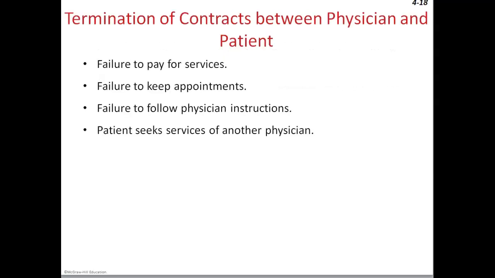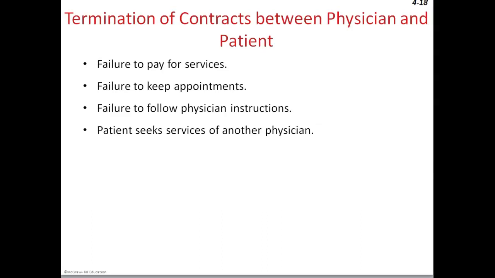A physician may seek to terminate the contract between himself and the patient for things like failure to pay for services or failure to keep appointments. To protect the physician from charges of abandonment, though, all missed appointments should be noted on the patient's chart. Also, failure to follow the physician's instructions. It doesn't seem to matter if the failure is due to the patient's willfulness or from negligence, not taking their medications, not following through with the things he has asked them to do.